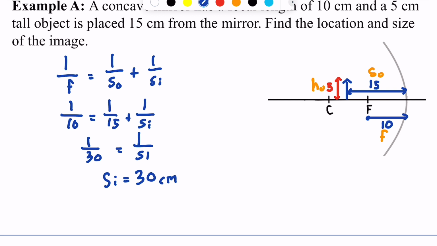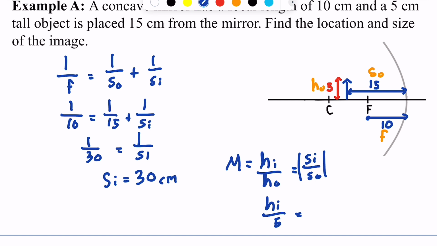Now as for the size, I'm going to use the magnification formula. So the magnification is the height of the image, which I'm looking for, over the height of the object, which is given. Now for the magnification, it's going to be the same as the ratio of the image distance to the object distance. So the image height over the object height of 5 equals the image distance of 30 over the object distance of 15.